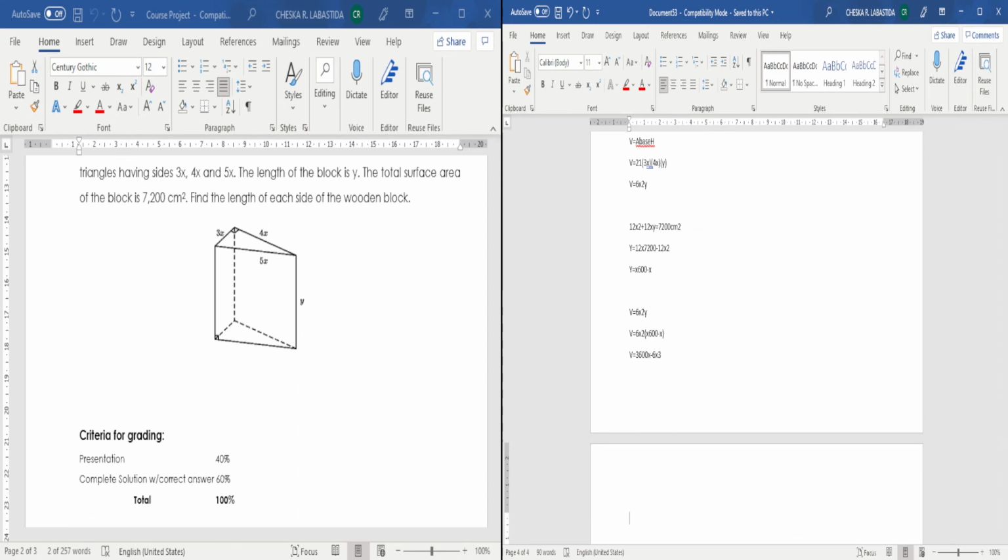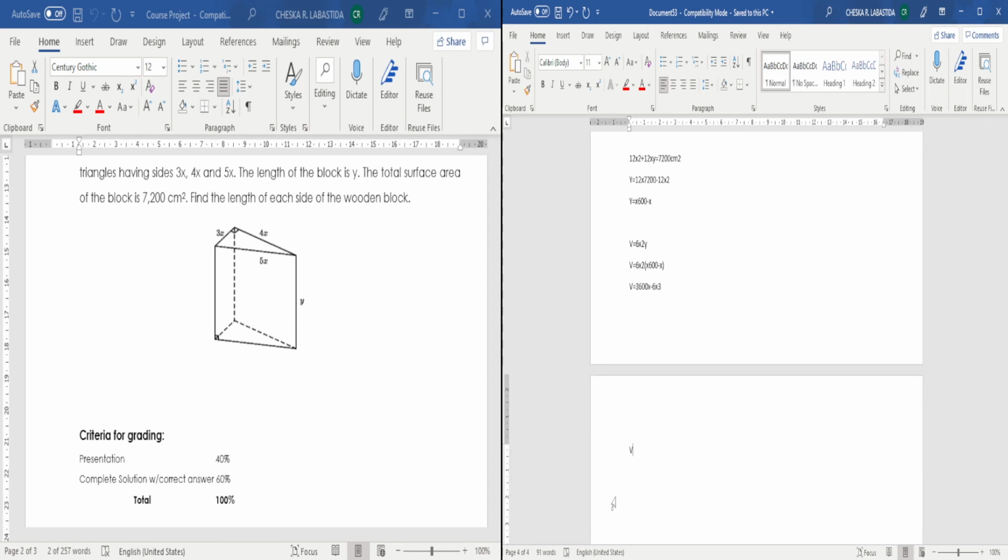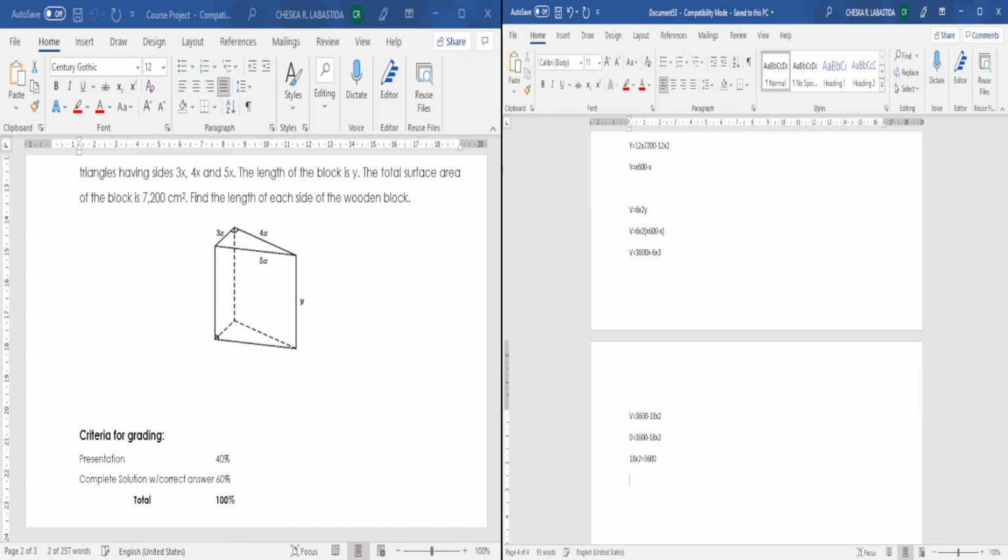So now we'll be getting the derivative. The derivative of the volume is 3600 minus 18x squared, set to 0. So 18x squared is equal to 3600, and then x is equal to 10√2.